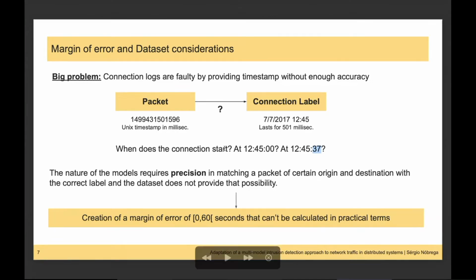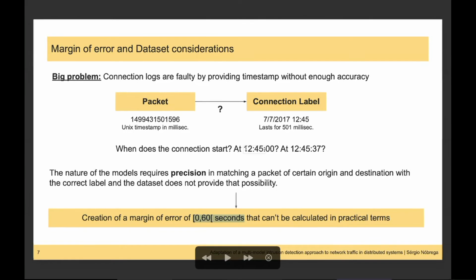And for the specific models that we are trying to understand and evaluate, the models require a precision in how you match the packets and the respective label, which we don't really have. So the end result of this is that we have some sort of a margin of error, between 0 and 60 seconds, that can't be calculated in practical terms.